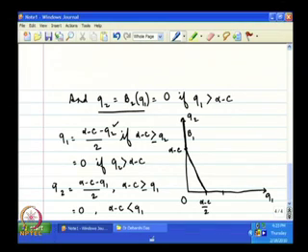Again, this is a straight line, and what are the points on the straight line?